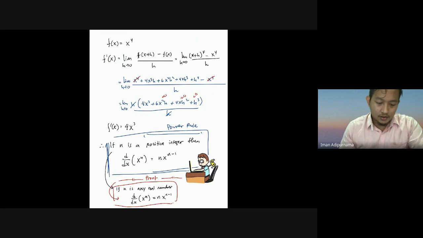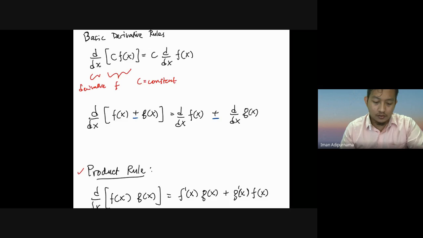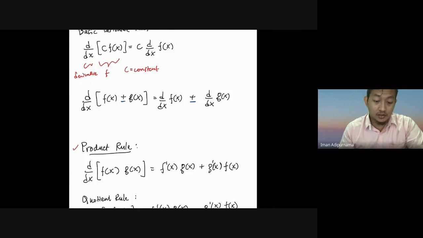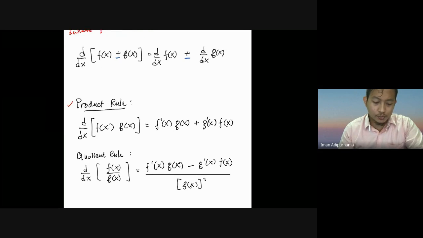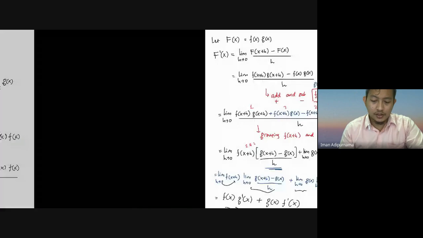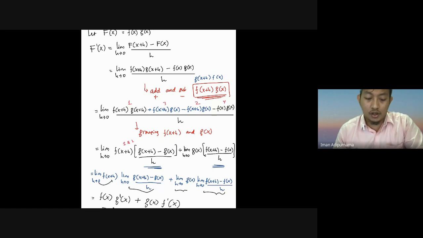And then we move on to some basic derivative rules, for subtractions, and then the constant. If you have a constant, I think that's intuitively not really complicated. And then we have this product rule, and I've shown you some part of how to prove the product rule.